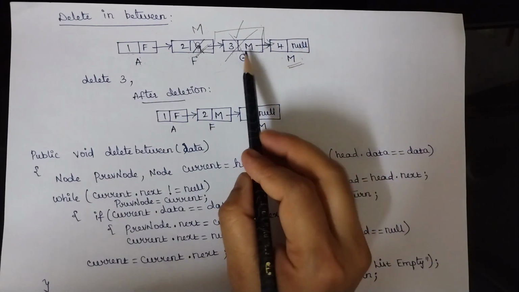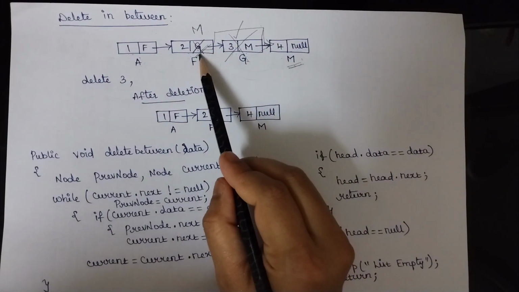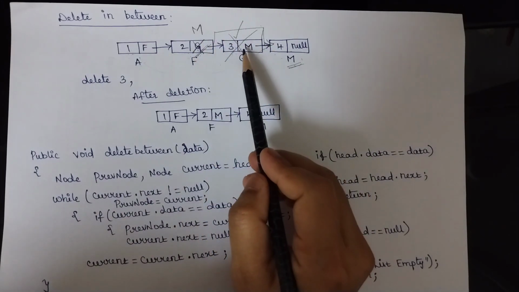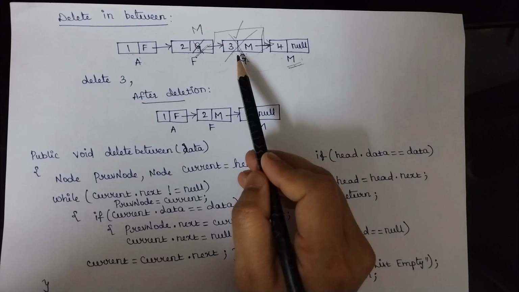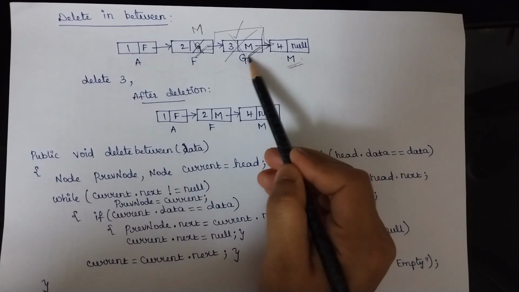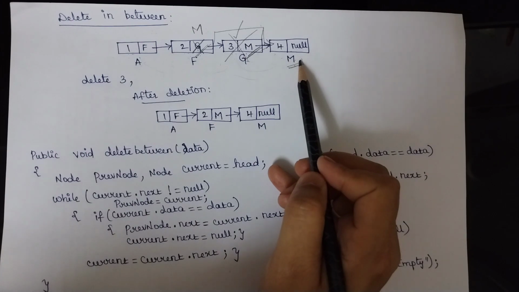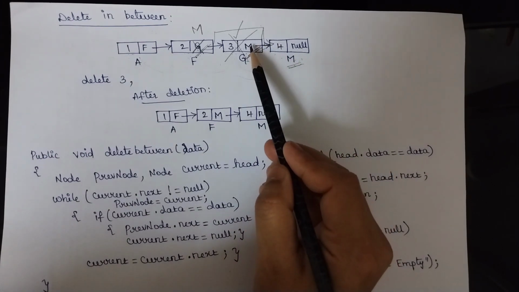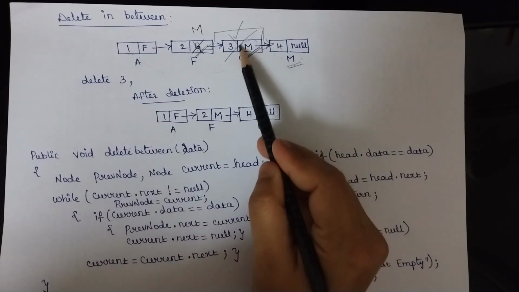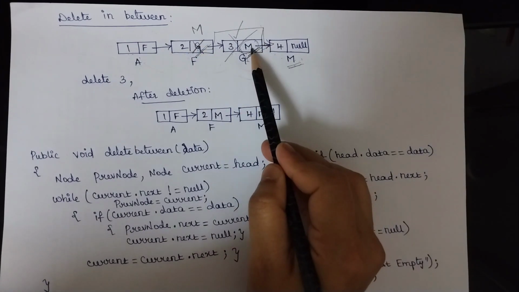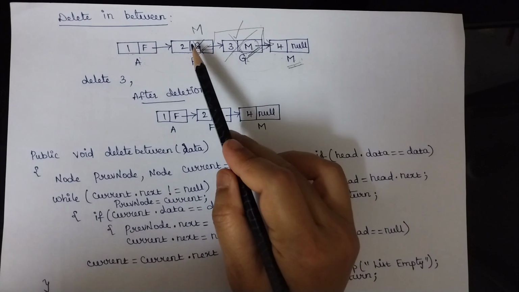So that this node will be pointing to the next node after deleting this. But how do you assign the M value here? The node which you are going to delete already has the same address M, which is pointing to the next node. So you can directly assign the current node address to the previous node address.